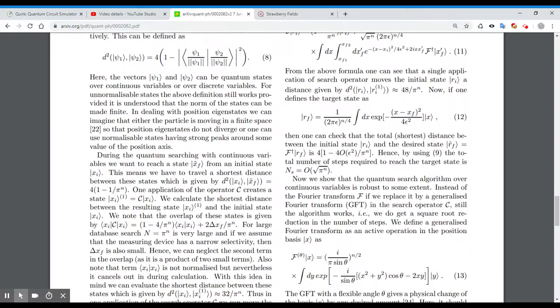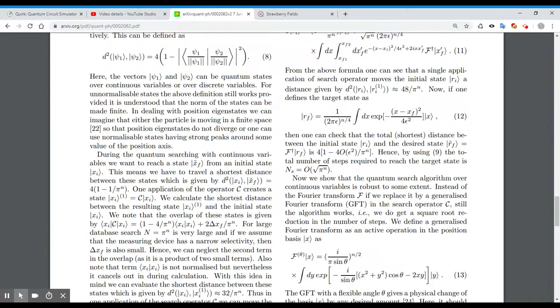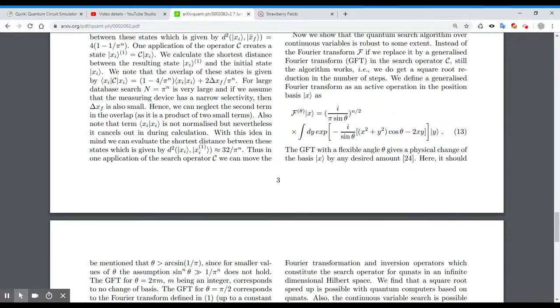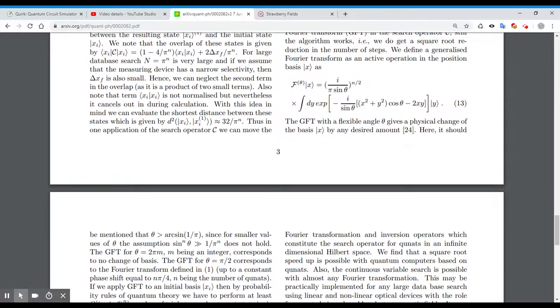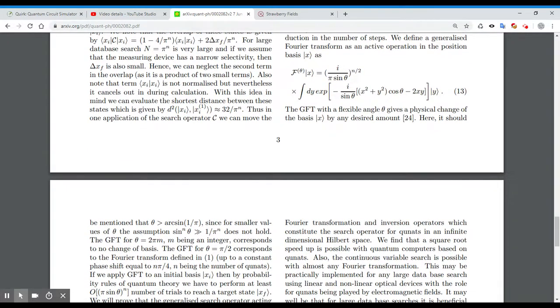Now we know that the quantum search algorithm over continuous variables is robust to some extent. Instead of the Fourier transform, if we replace it by a generalized Fourier transform and the search operator C, still the algorithm works. We do get a square root reduction. Doesn't matter. GFT with a flexible angle gives a physical change of the basis x by any desired amount.